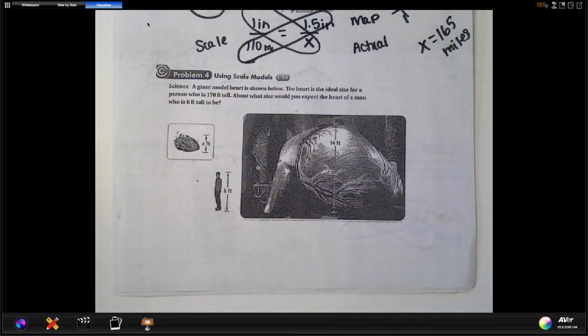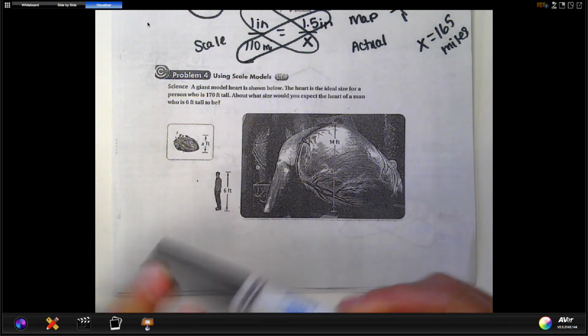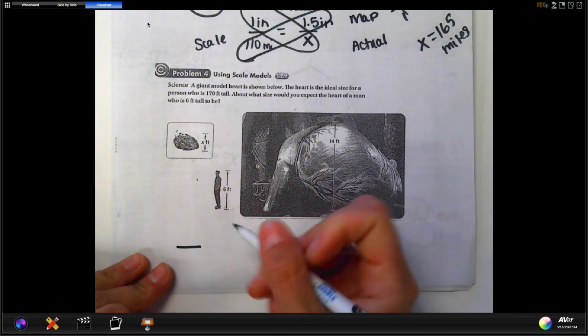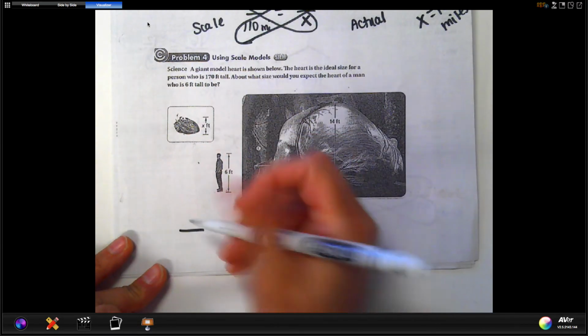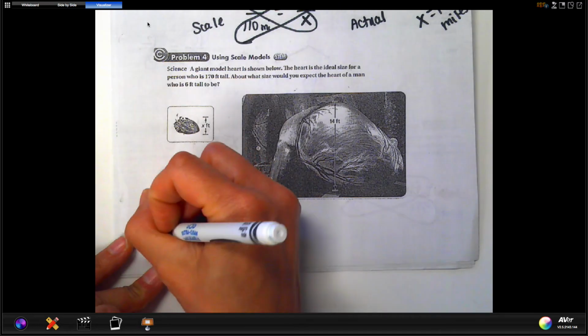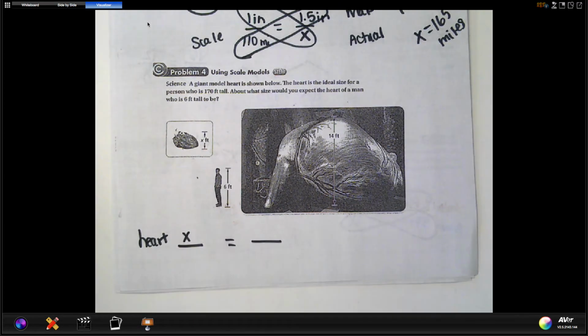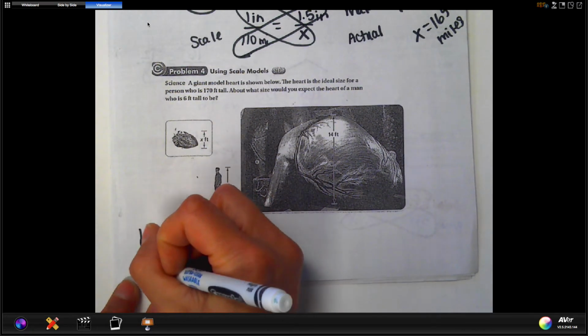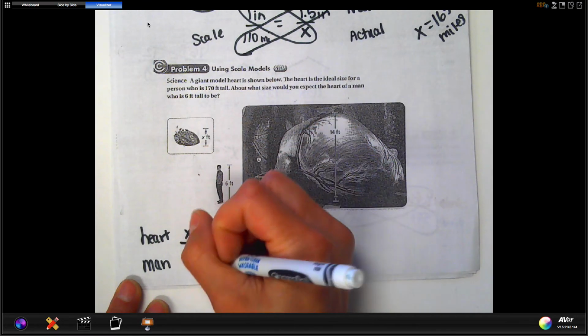All right, here we go. So here's what we have. Our information here, and I like to line it up. This is our actual heart. All right, so I'm doing my hearts on top versus the height of the man, right? And so he's 6 feet tall.